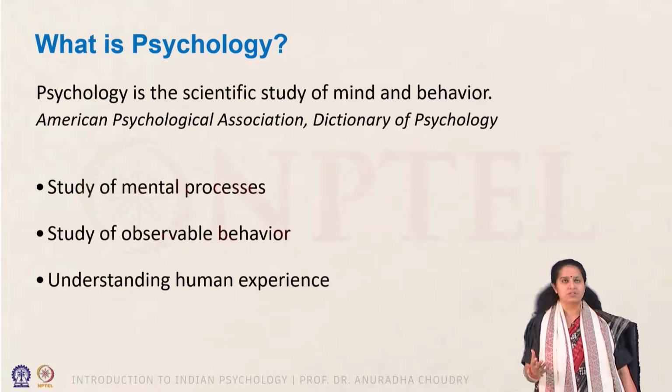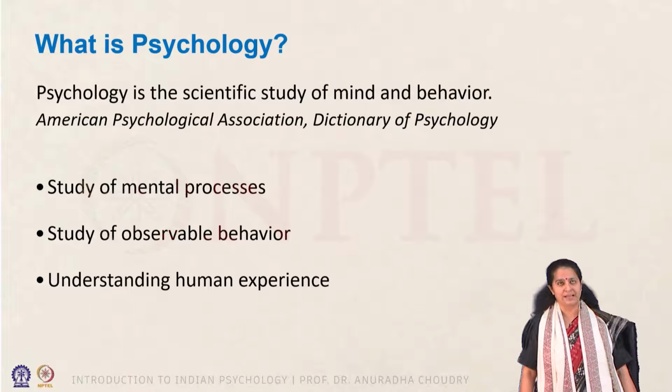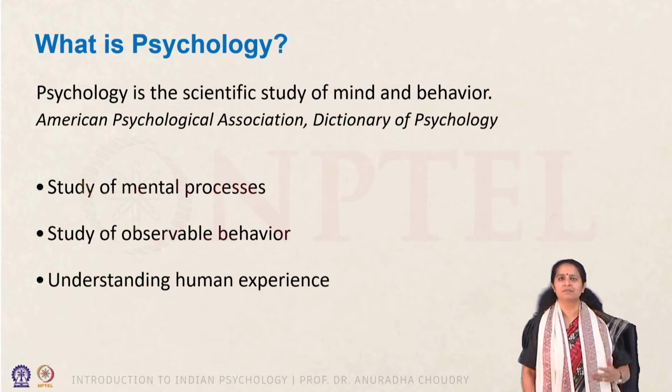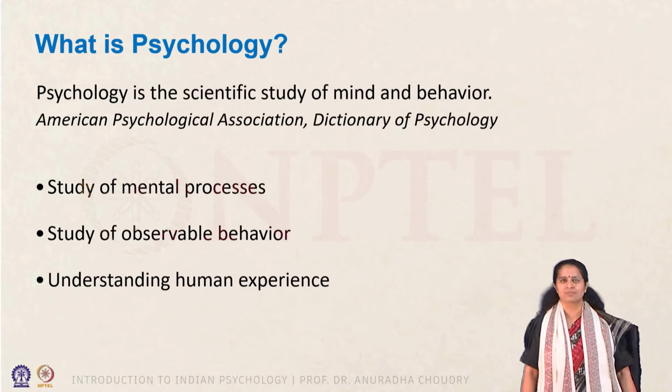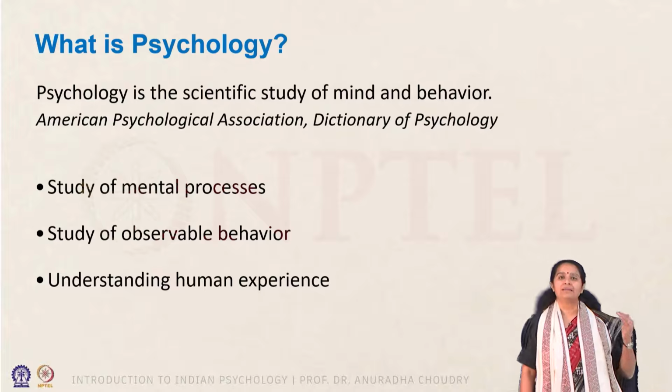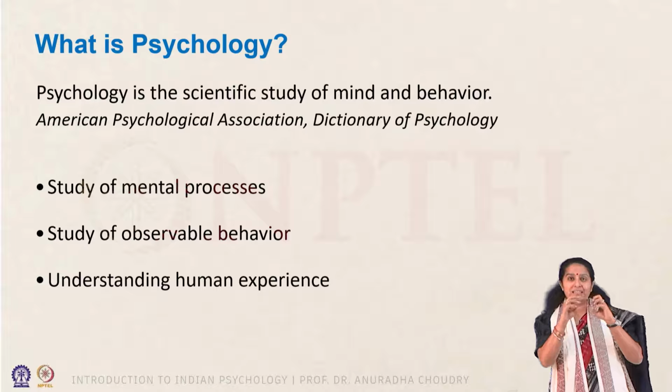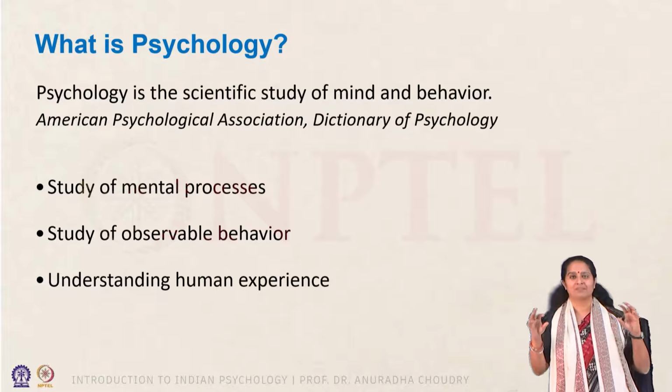So what is psychology? As we've already seen in the previous lecture, psychology is the scientific study of mind and behavior, and this has been defined in the Dictionary of Psychology of the American Psychological Association, which is one of the authoritative bodies for determining the different standards of psychology as we are taught today. As you see, it consists of the scientific study of mind and behavior.